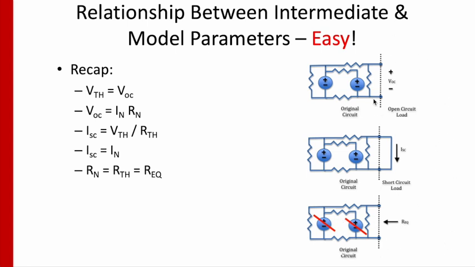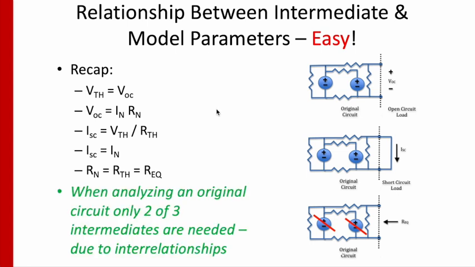All of those quantities can be found from an original circuit by doing an analysis by any method you choose: node voltage, mesh analysis, equivalent circuits, whatever you want. Do whatever you need to do in order to get these parameters, and that will then allow you to find the model parameters.